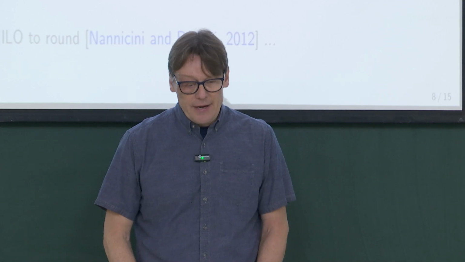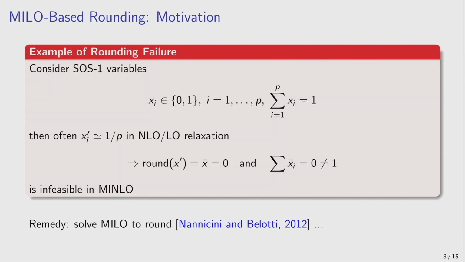And then when you solve a relaxation, unfortunately what happens is that most of the time, if you solve a continuous relaxation, it will just smear out these xi's. So it will almost equidistribute the xi's, this 1 over all of the xi's. So I have p of them, and so what you see in many applications is that the continuous relaxation is just 1 over p.